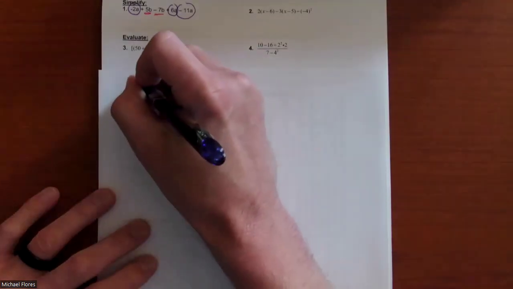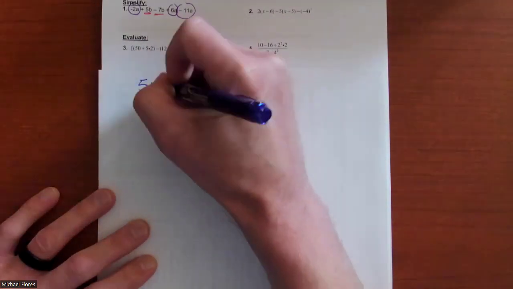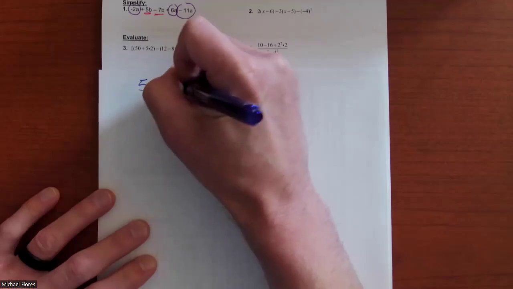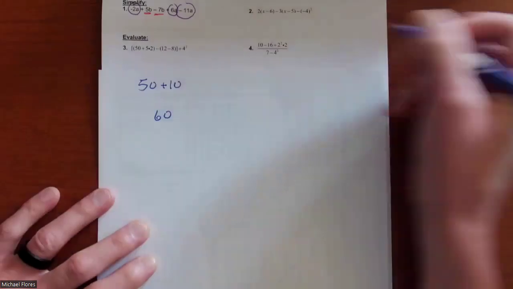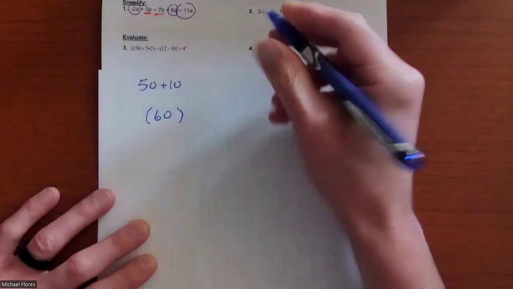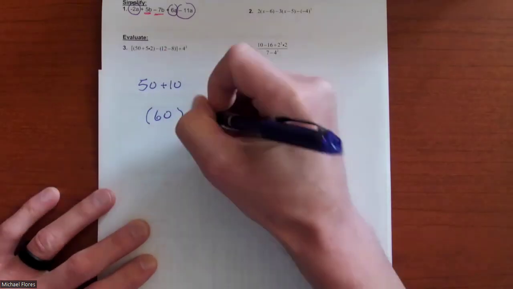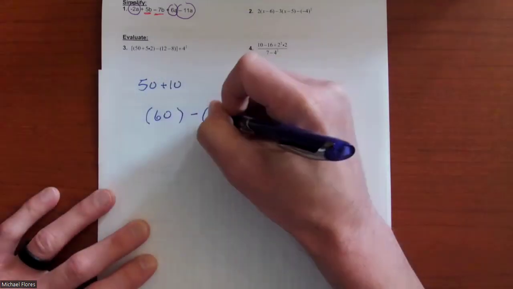Example 3. Let's simplify this parenthesis first. 50 plus 5 times 2. Let's do the multiplication first. 5 times 2 is 10. Now combine 50 plus 10. Okay, let me wrap some parentheses around that 60 minus, open a set of parentheses, 12 minus 8 is 4.